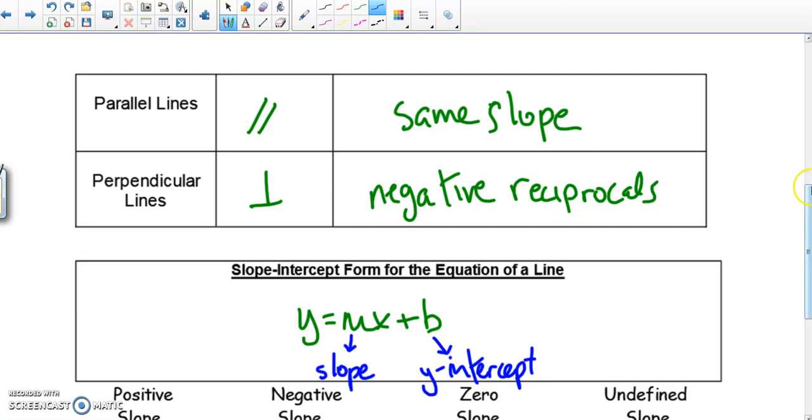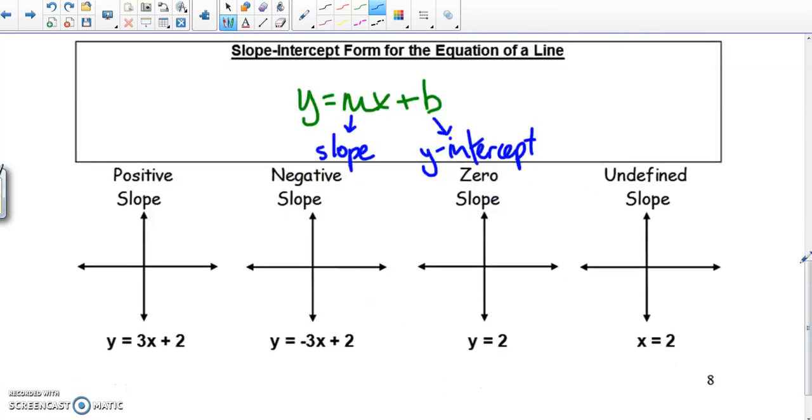All right. I'm going to go through this real quick. A positive slope. The graph is going uphill. Negative slope. Going downhill from left to right. Okay? A zero slope.